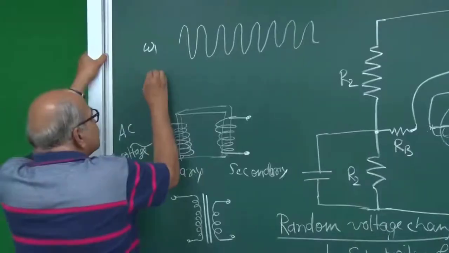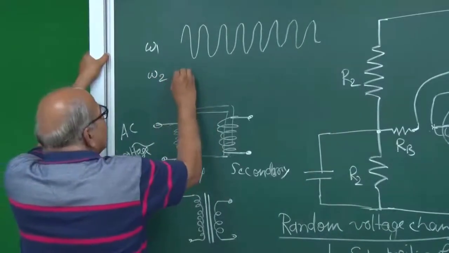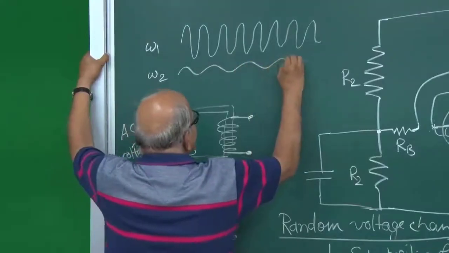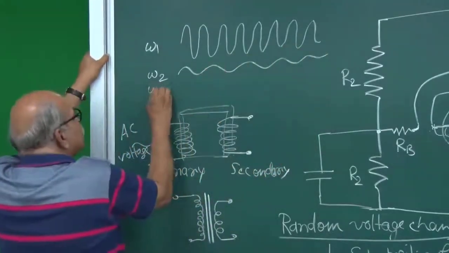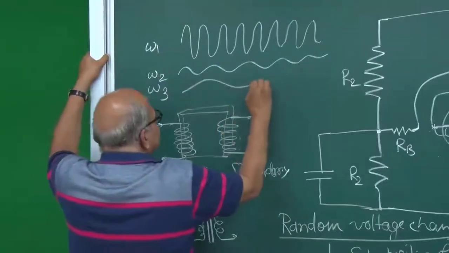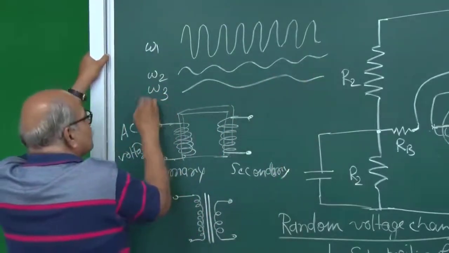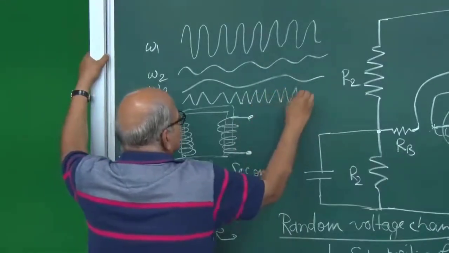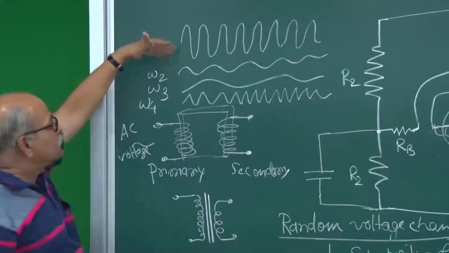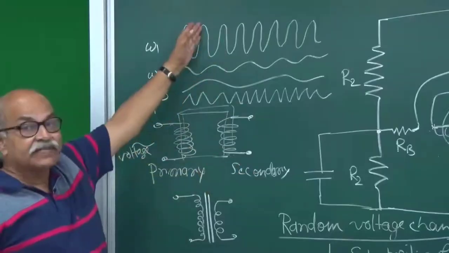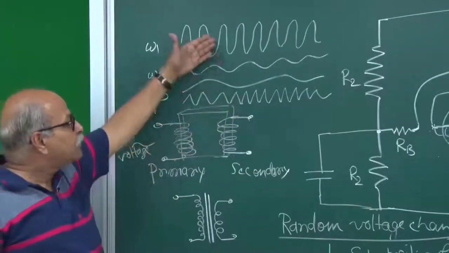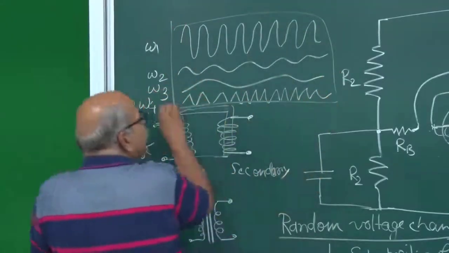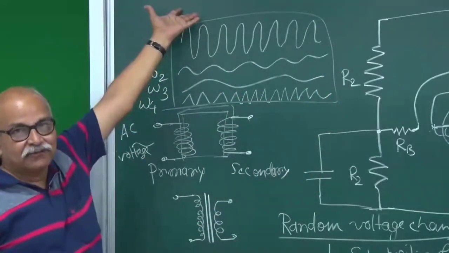If you take various angular frequencies and adjust your amplitudes also properly, this is, say, omega 2, you have some omega 3 also, some omega 4 also, a large number of appropriately chosen frequencies and appropriately chosen amplitudes. If you add all these things, you can produce varieties of waveforms.